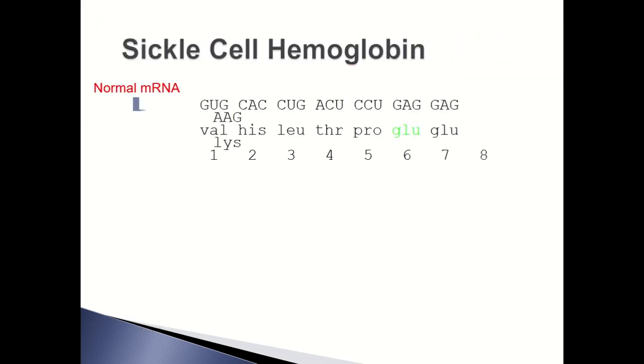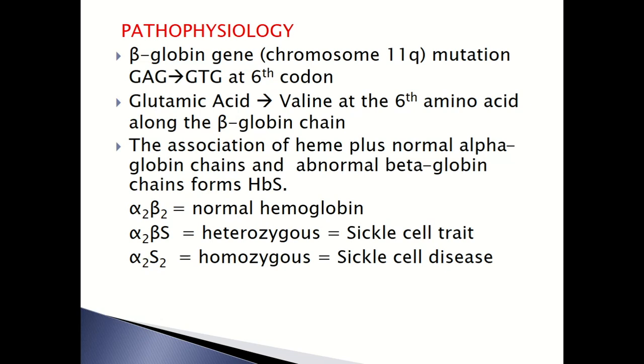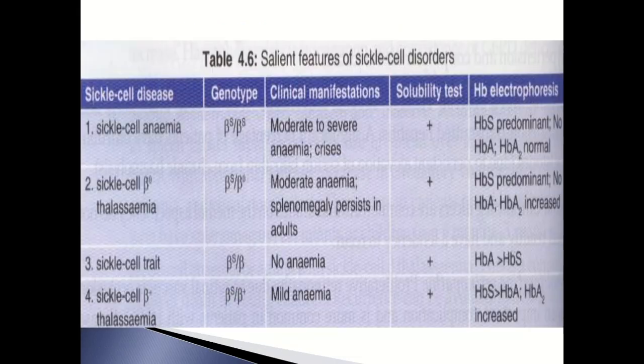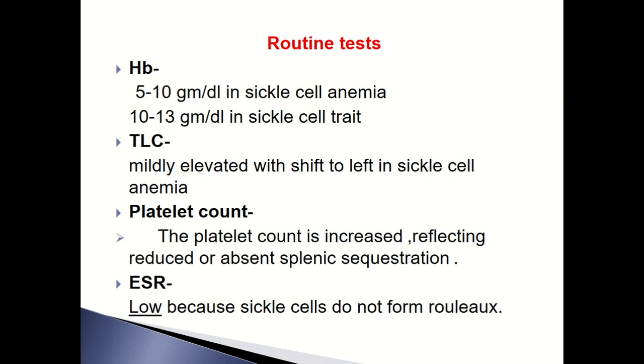Again, the diagnosis of sickle cell anemia. This is the mechanism: glutamic acid is replaced by valine at the 6th amino acid position of the beta globin chain, and the RBC becomes a sickle cell. Now laboratory diagnosis: in sickle cell anemia hemoglobin is 5 to 10. In sickle cell trait, just like thal minor, which is a heterozygous trait, hemoglobin is 10 to 13.